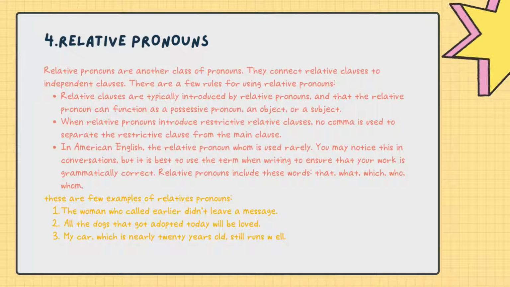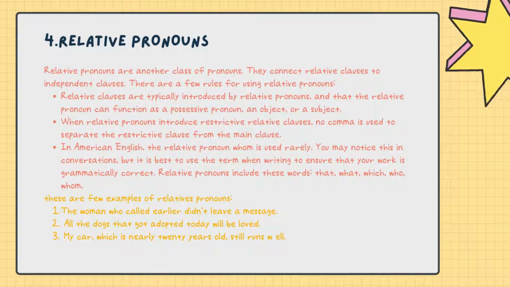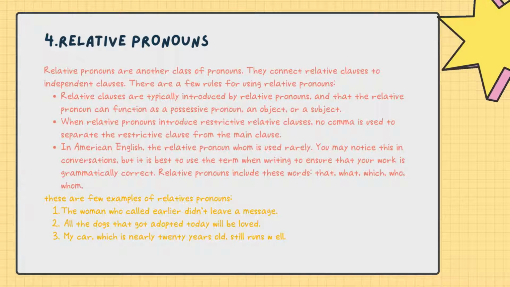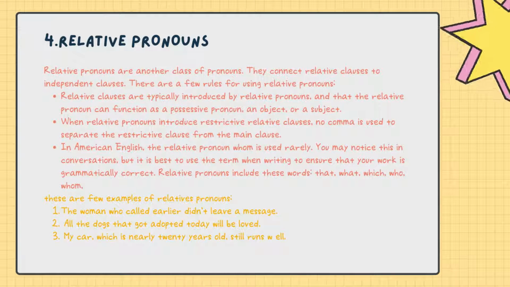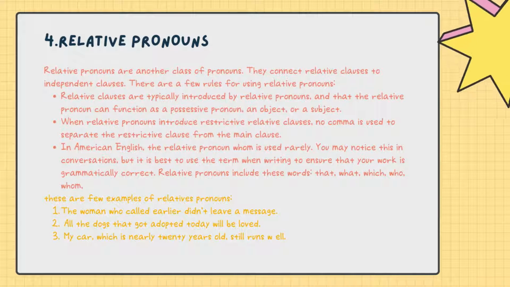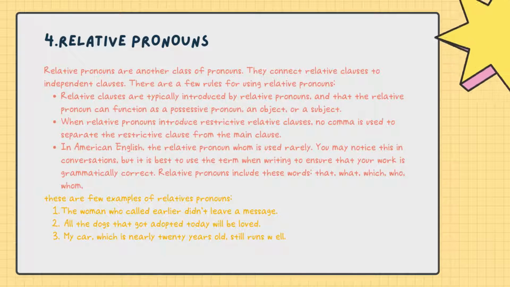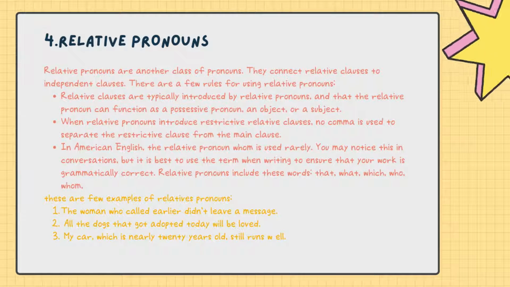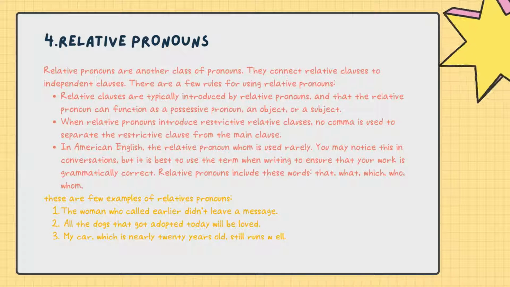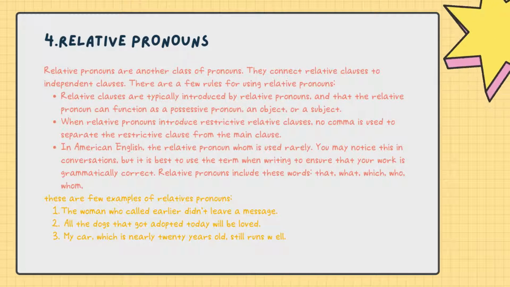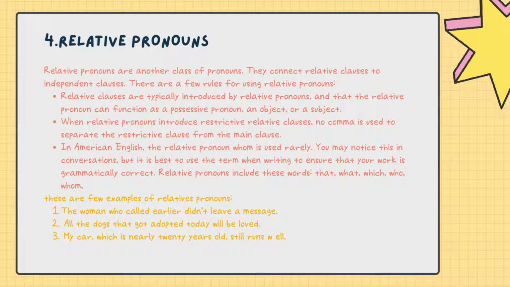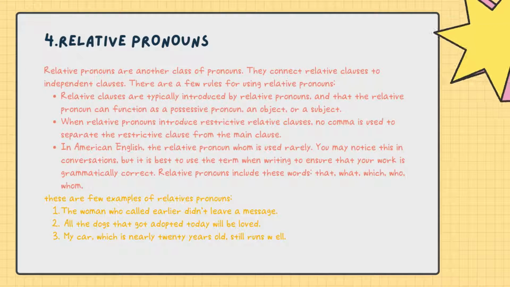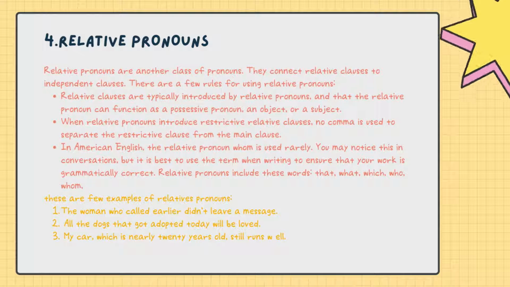Second, when relative pronouns introduce restrictive relative clauses, no comma is used to separate the restrictive clause from the main clause. Third, in American English, the relative pronoun whom is used rarely. You may notice this in conversations, but it is best to use the term when writing to ensure that your work is grammatically correct.